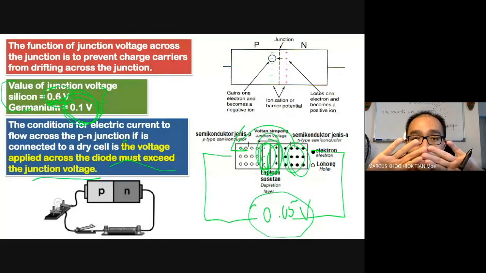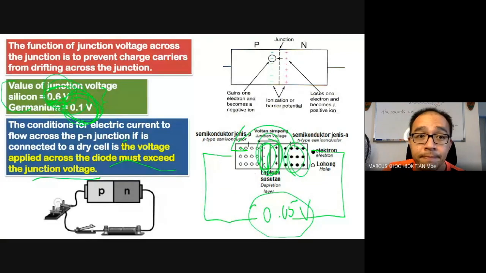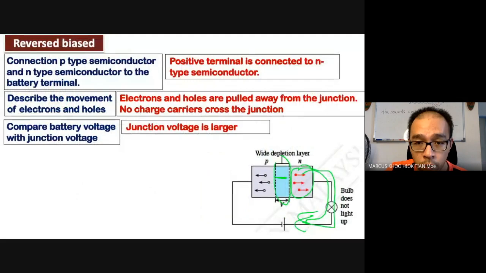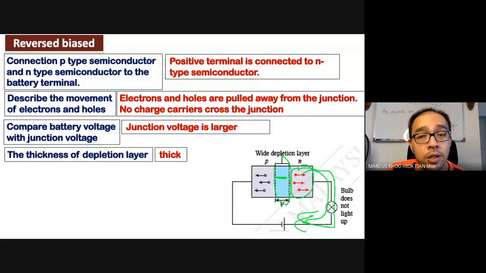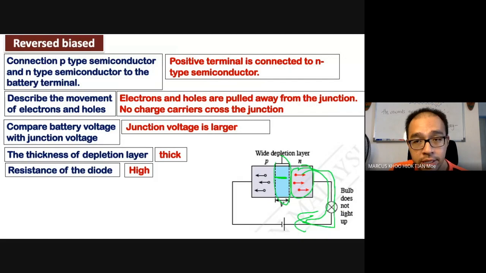But if the depletion layer becomes bigger, the junction voltage also becomes bigger. How do we make the depletion layer bigger? We set it up as reverse bias, so that the junction voltage will be larger. The thickness of the depletion layer will be thick, and this causes a high resistance. And because there's high resistance, there will be no current flow.